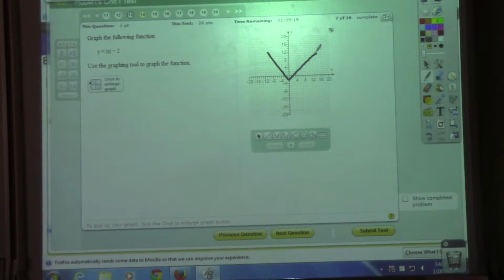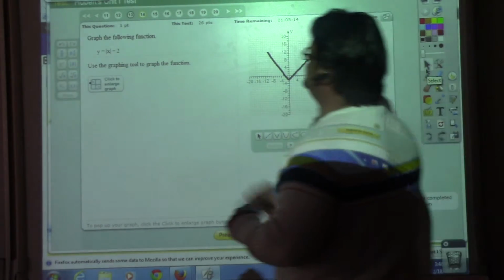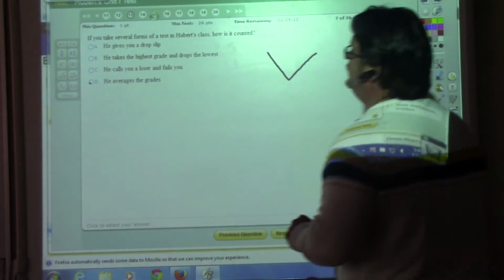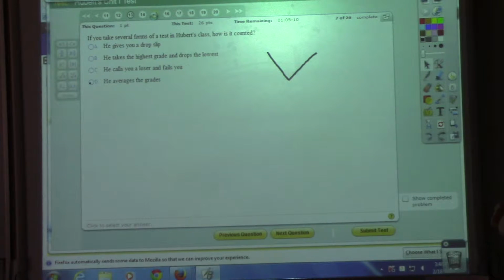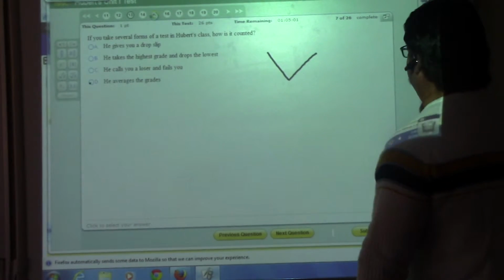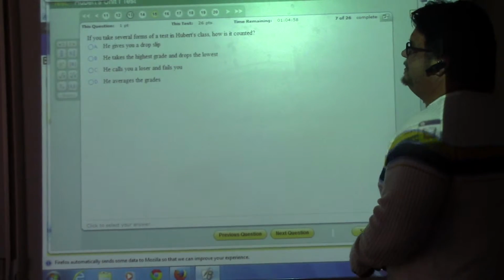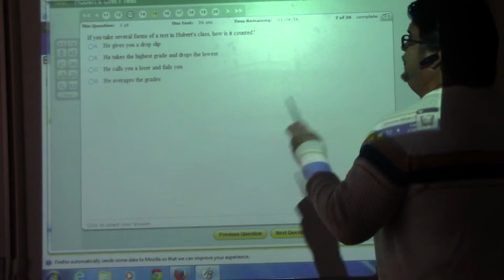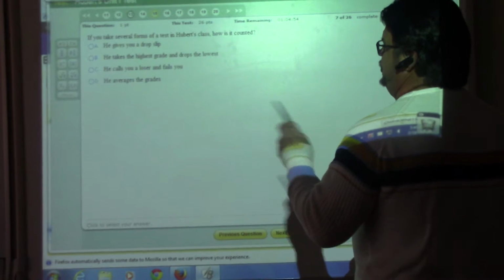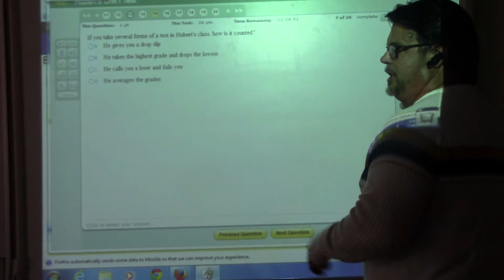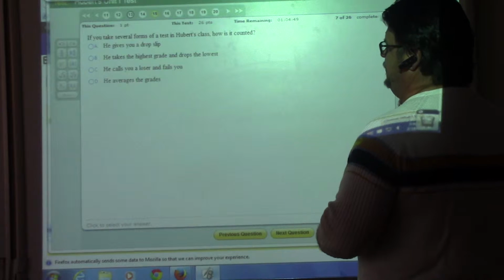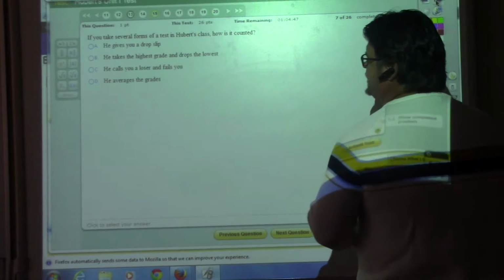That's so funny, that last question. What? You doing homework in the bathroom? I can just see you using toilet paper, like he's been a bad student. Drop slips are downstairs. If you take several forms of one of Hubert's tests, like the Unit 1 test, what do I do as far as counting the grade?